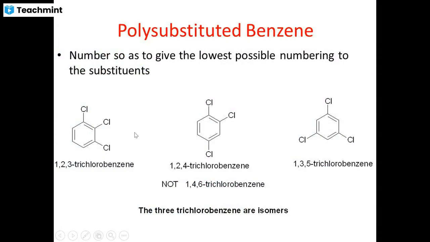We have to give the lowest possible numbering to the substituents. In the first structure, three chlorines are bonded with the benzene ring. If you give the lowest numbers, 1, 2, 3, chlorine is bonded at 1, 2, 3 positions. So we can say 1,2,3-trichlorobenzene is the name of this compound.